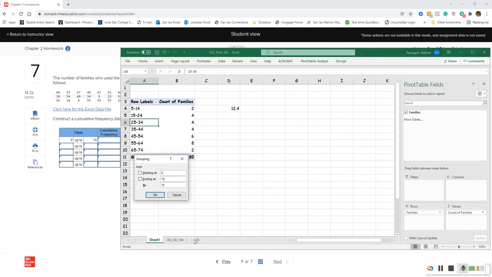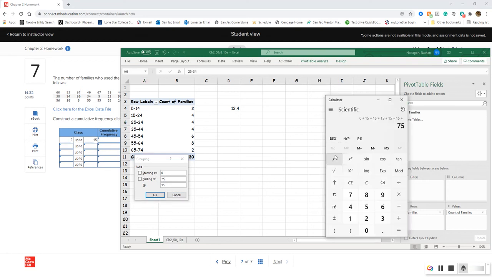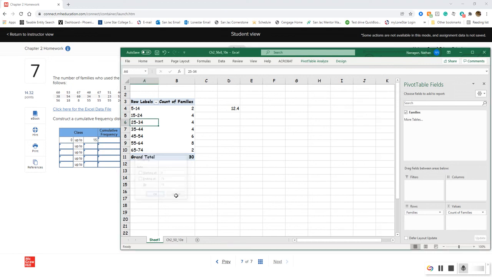Again, if we take 75 and work backwards, 75 minus 15, that's one class, 2, 3, 4, and so forth. So there we go: 1, 2, 3, 4, 5.